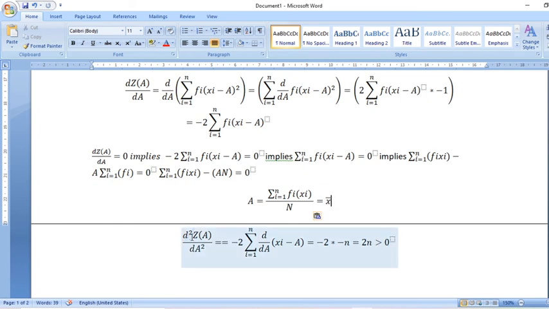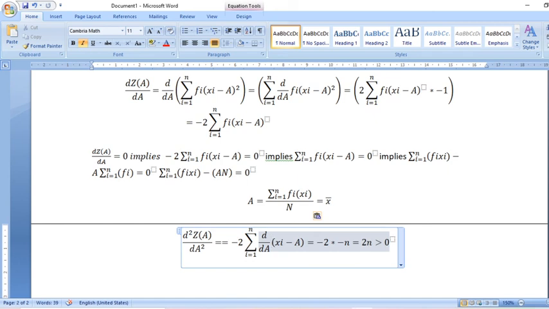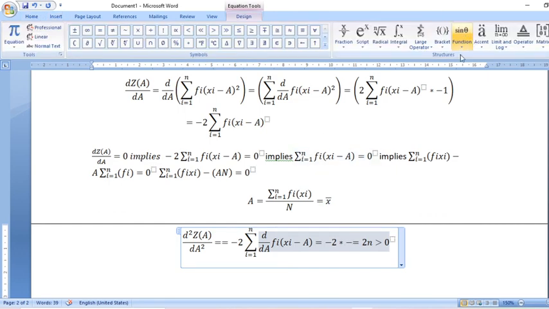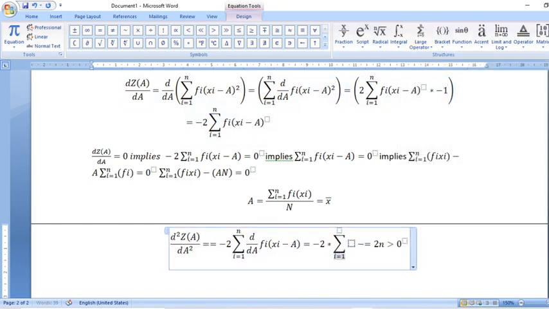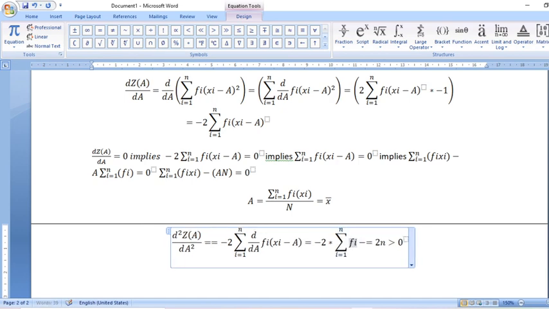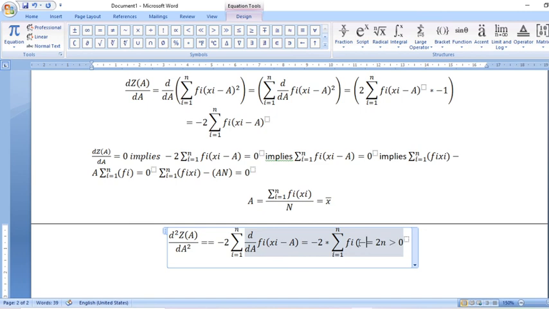For that we take the second derivative, which is minus 2 into summation i from 1 to n of d by dA of fi xi minus a, that equals minus 1 into summation fi into minus 1.